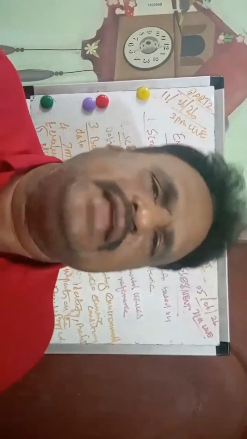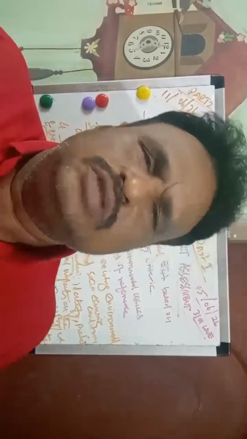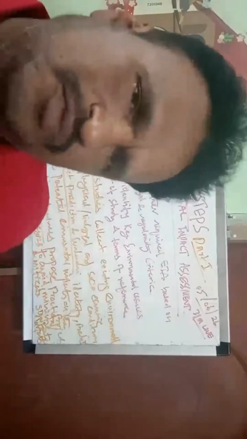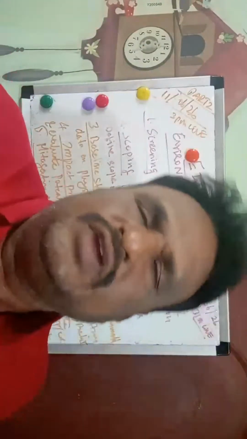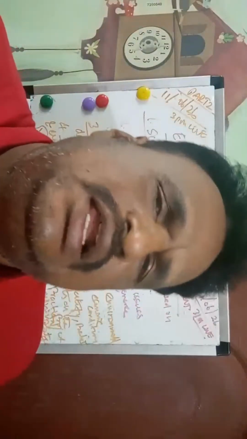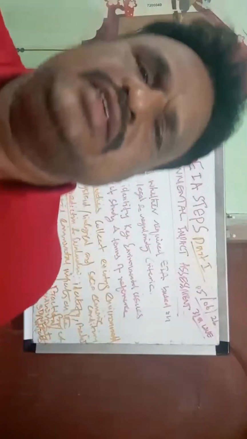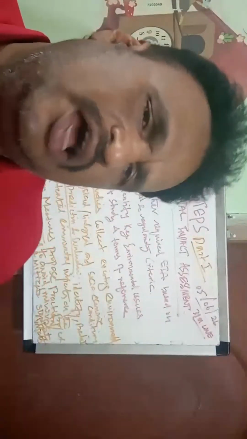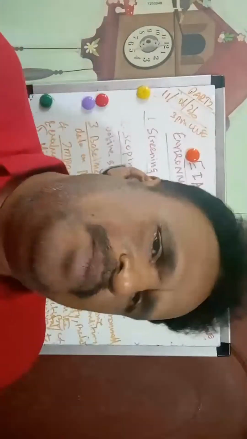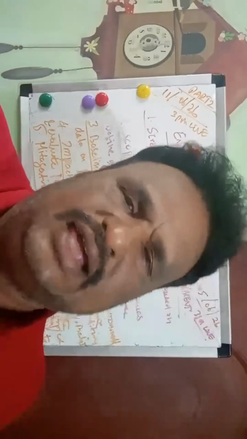Environmental impact assessment steps. Most people are confused about the different steps of the environmental impact assessment. It is vital for HSE, EHSE, ESG, or any department related to the HSE side.